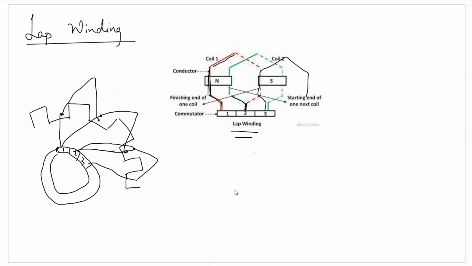We take a number of conductors, place them in slots, and join the conductors. A minimum of two conductors form a coil, and each coil is connected to the next coil segment. Now, if these coils lap over each other because of the way they are connected with respect to the commutator, it's known as a lap winding.